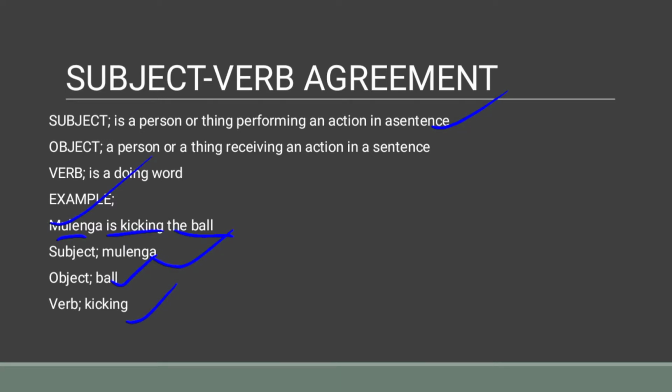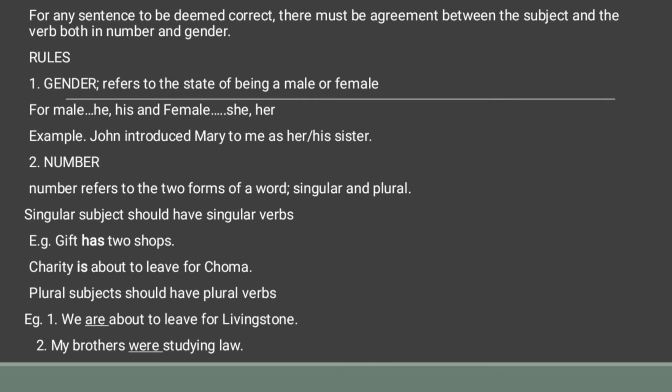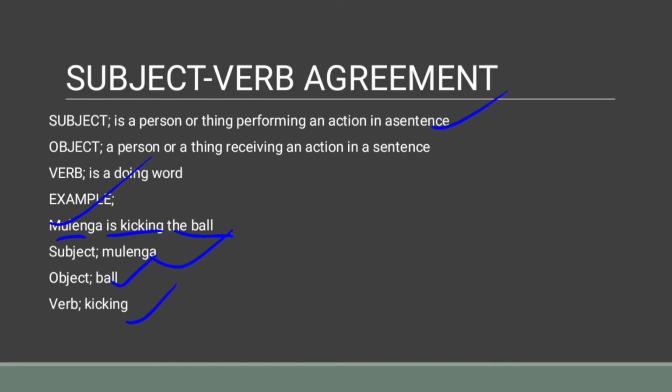So now, we are not focused on the normal word order here. We want to look at the subject-verb agreement. Just this one. The subject, Mulenga, and the verb, agreement.